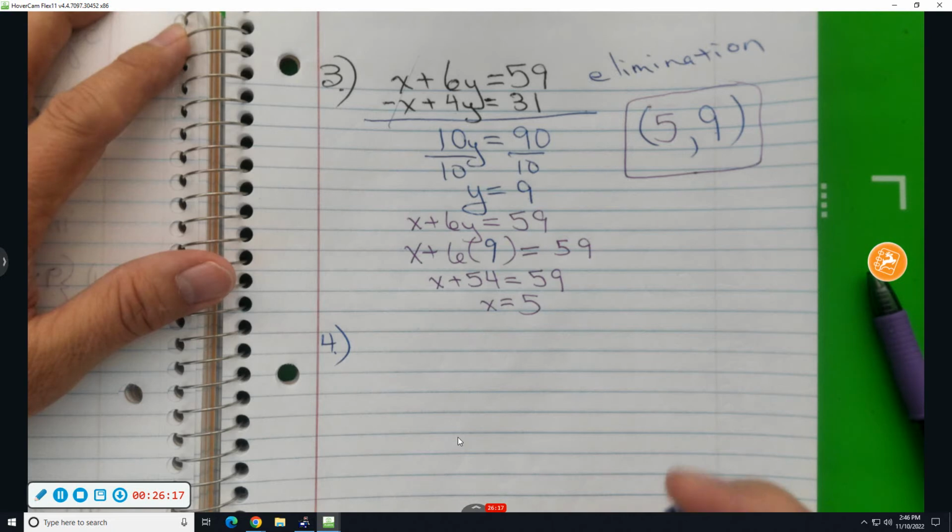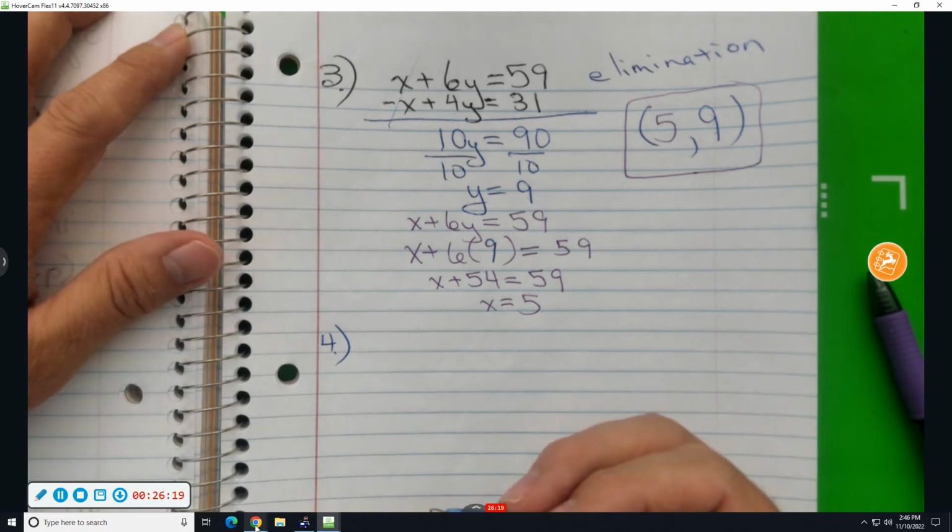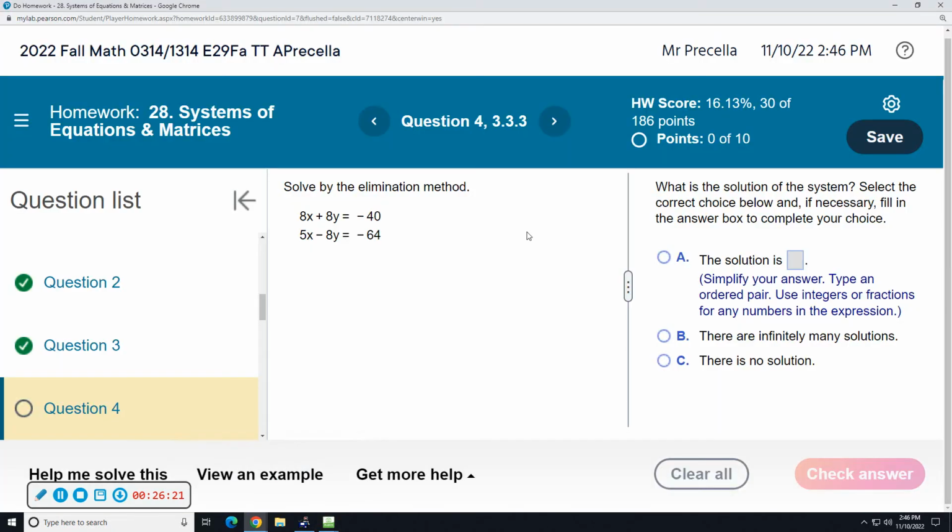But let's look at number 4. I think number 4 is definitely one where elimination is better. I generally think elimination works better. That's the method I prefer, but I'm trying not to prejudice these people. But I prefer elimination. And now they know that.